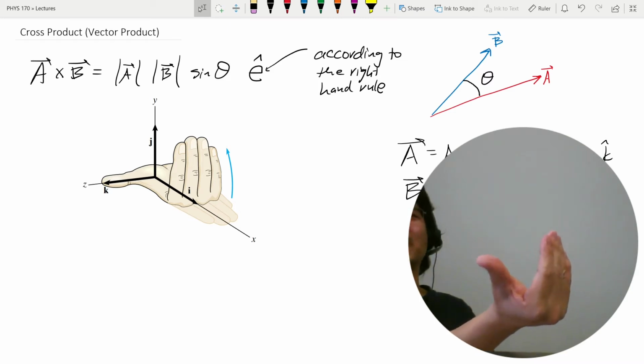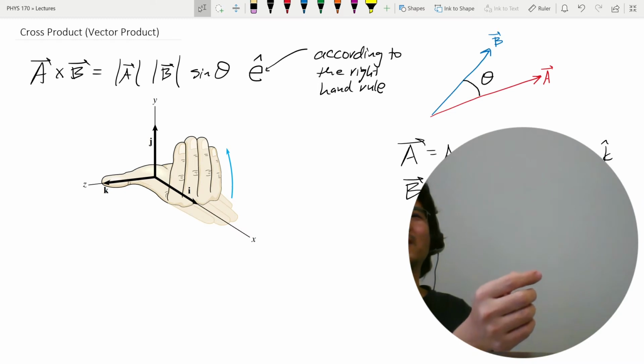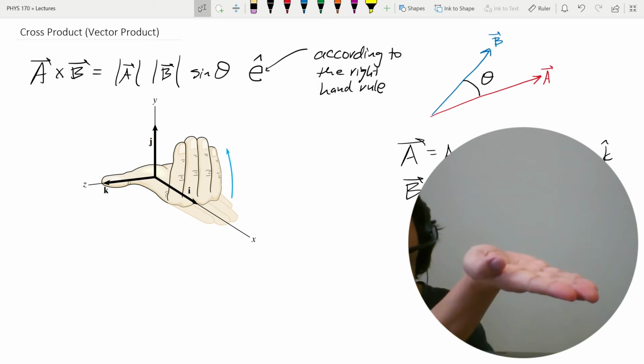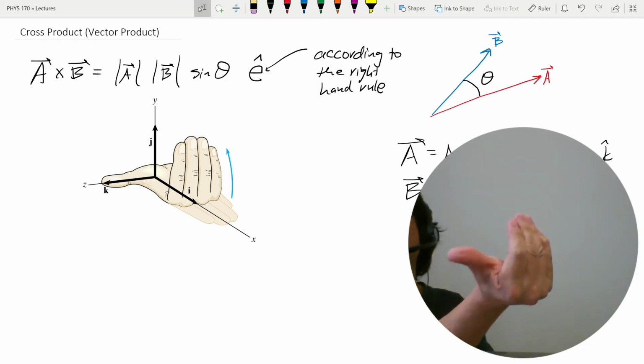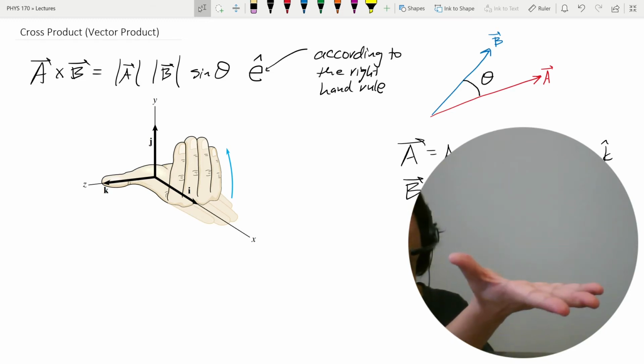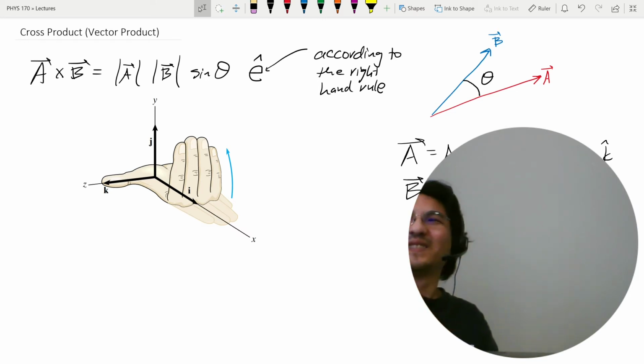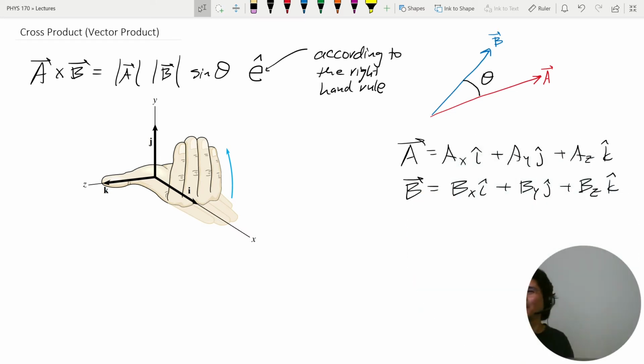For example, I cross J gives you K. So that's this picture. You'll have to keep practicing using the right-hand rule until you get it, because it could be in whatever orientation. At first, literally use your hand to do it, not just picture it in your head.